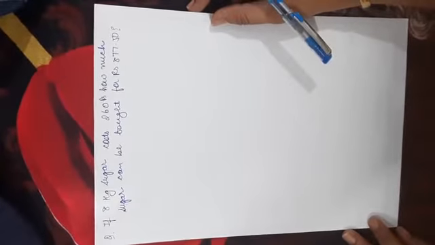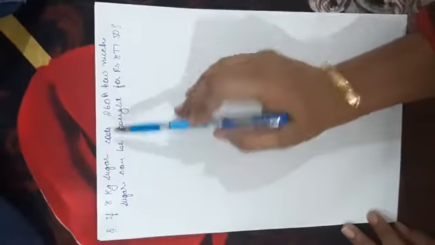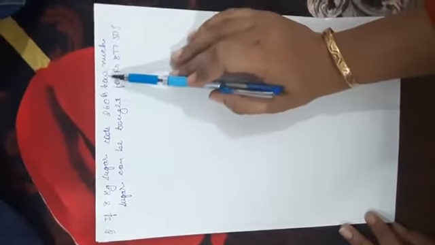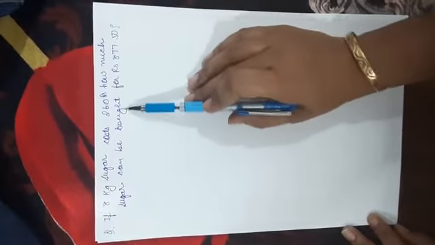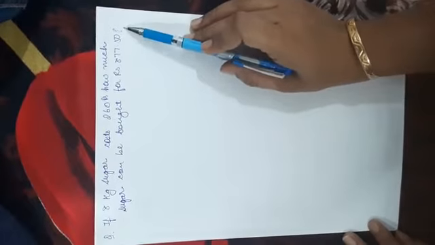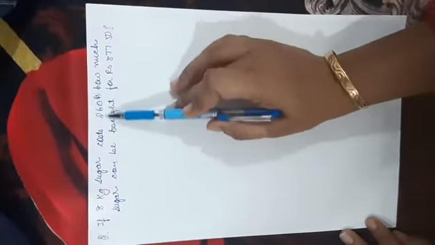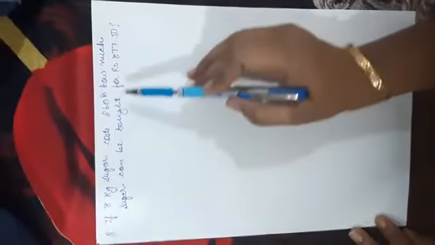Okay, dear students, let us discuss this with the help of an example. If 8 kg sugar costs 260 rupees, how much sugar can be bought for rupees 877.50? Just see, the amount is given and the sugar is given.